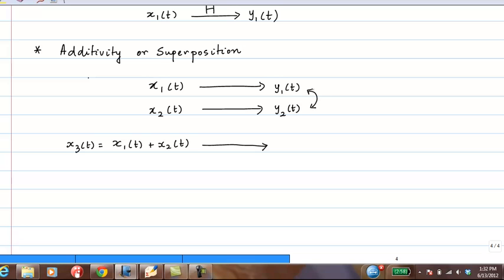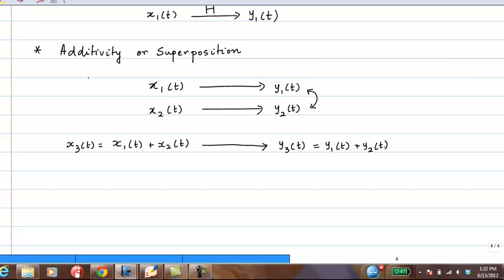What I mean by that is, in general, if I consider an input x3 of t, which is x1 of t plus x2 of t, I will get some output, and let me call that output y3 of t. But there is no guarantee that y3 of t is actually equal to y1 of t plus y2 of t.